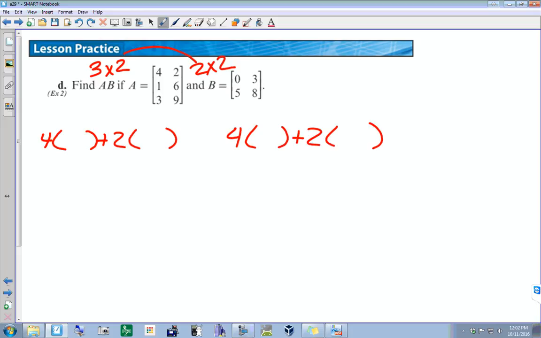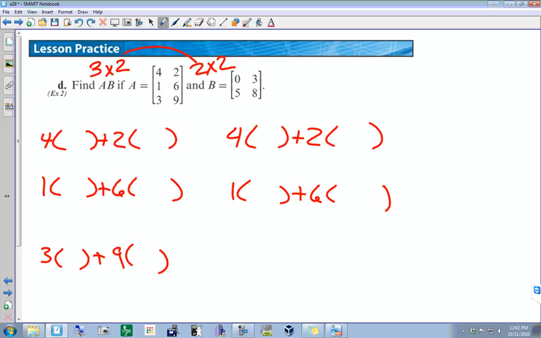So I've got my rows. 3 rows going across. 1 and 6. Last one, 3 and 9. Look good.